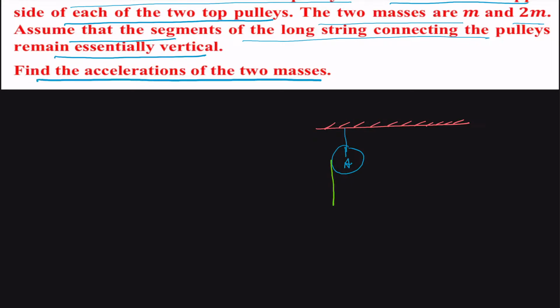We have a string which is wrapped around pulley A, and then it goes around pulley B, and suppose this is pulley C, and it goes upward around pulley B and then comes back to pulley C. Then it is connected to the vertical fixed portion.